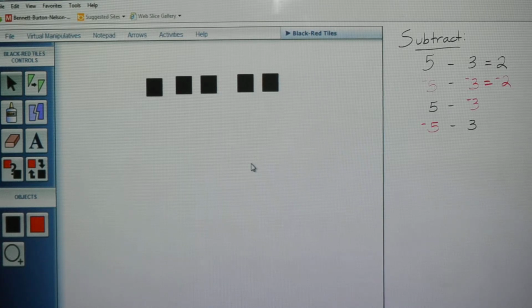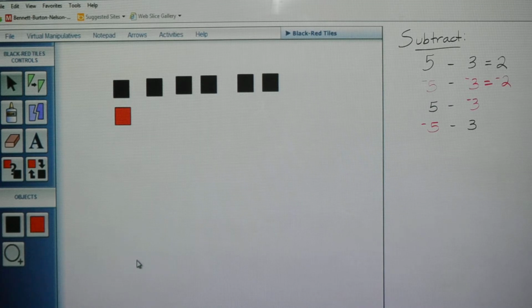Here's where our zero principle plays in again. How can I get some red tiles up there without changing the value? Well, as long as I put up a black and a red set, I haven't changed the value. That black and red cancel each other out, and I'm still left with 5 black tiles.